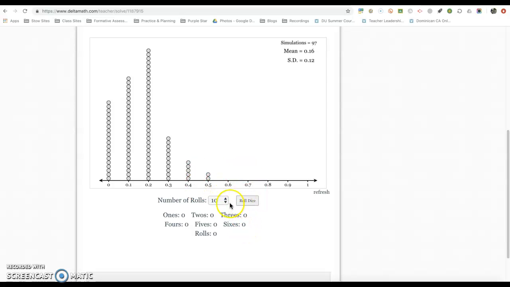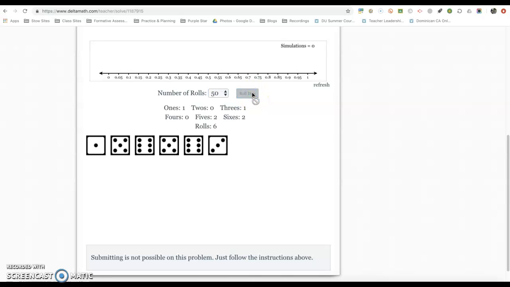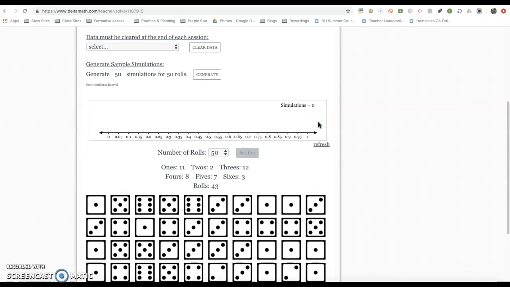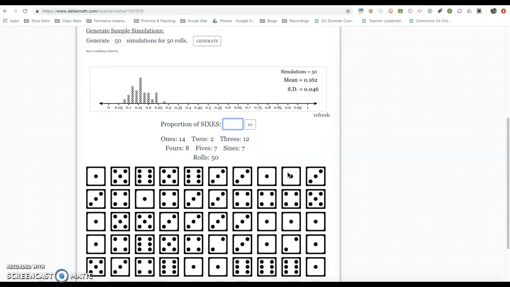Okay. Let's see what happens if we make it a little bigger. Let's do 50 rolls. Roll the dice. We changed it, so I have to probably generate more rolls. Okay, now my rolls are generated. Now we'll roll the dice. Proportion of 6s: there's 7 6s out of 50 rolls. 7 out of 50 gives me a 14% chance.